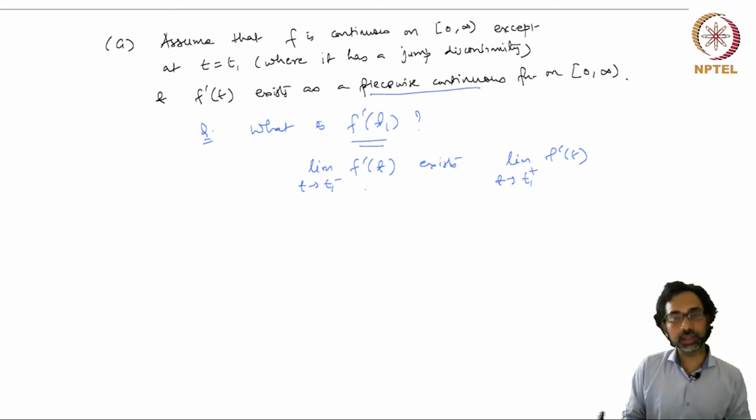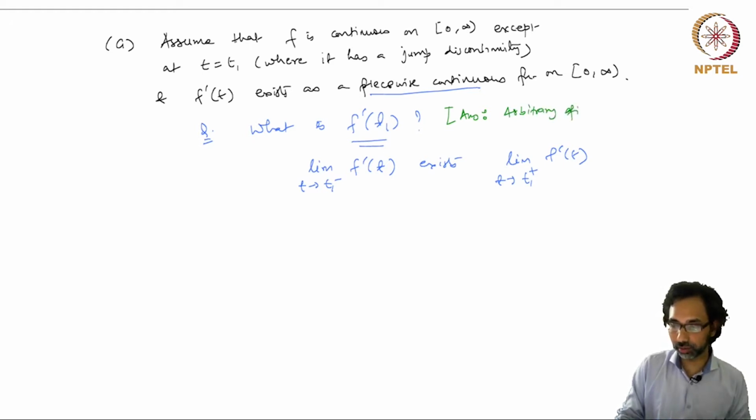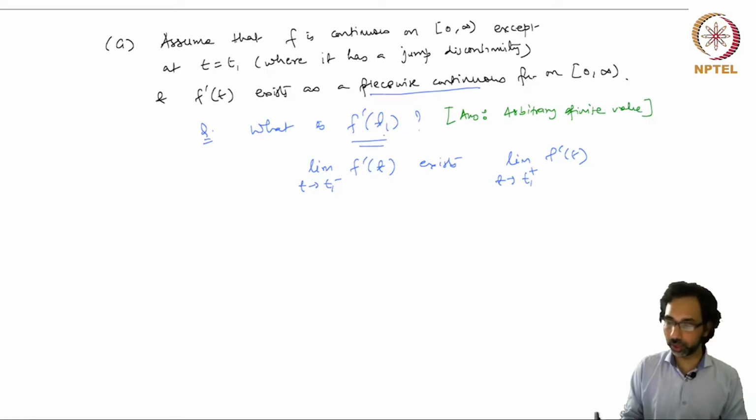So we are only asking the question, what is f prime at the point t1. Now just to make it piecewise continuous, an arbitrary finite value can be given for f prime of t1, which makes it a piecewise continuous function on the whole interval 0 to infinity.